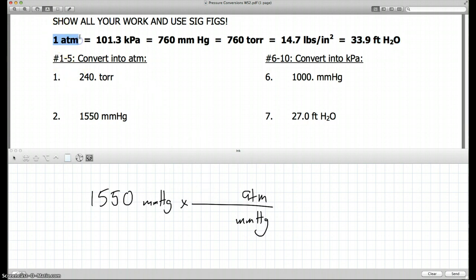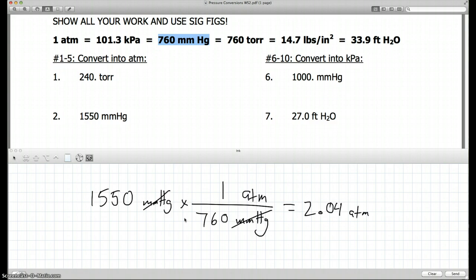Atmospheres is 1, mmHg is 760. I do 1550 times 1, again which I don't really have to do, divided by 760. I want 3 sig figs because 1550 has 3 sig figs. I should get an answer of 2.04 atmospheres, or you should get that if you did it on your own, because mmHg cancel.